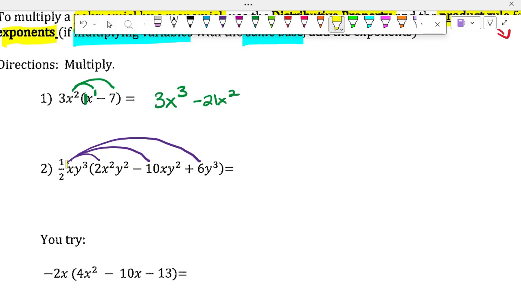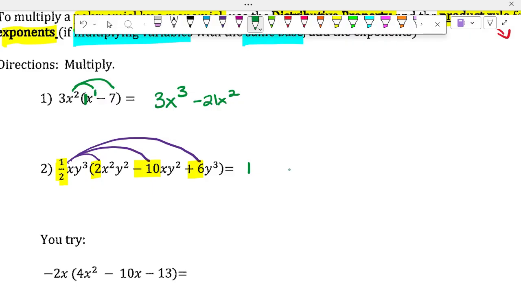I'm multiplying the coefficients by the coefficients, so I'm distributing 1/2 to all 3 coefficients. So what's 1/2 times 2? 1. Remember, if you multiply 1/2 to something, it's the same as doing what? Divide by 2. So this will be 1.